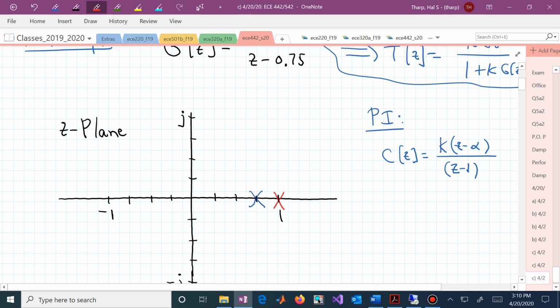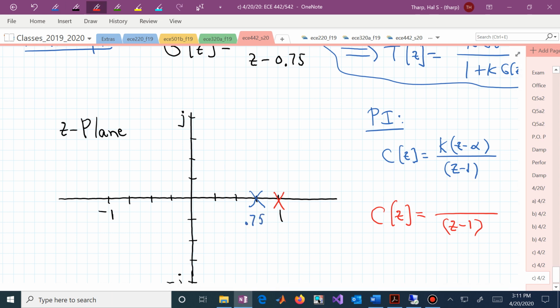Now we can put a pole at z equals 1. That's immediately done. Let's now say that our C of Z for this particular system, and one way to make it pretty easy to think about in terms of sketching a root locus, we know that this plant pole is at 0.75.